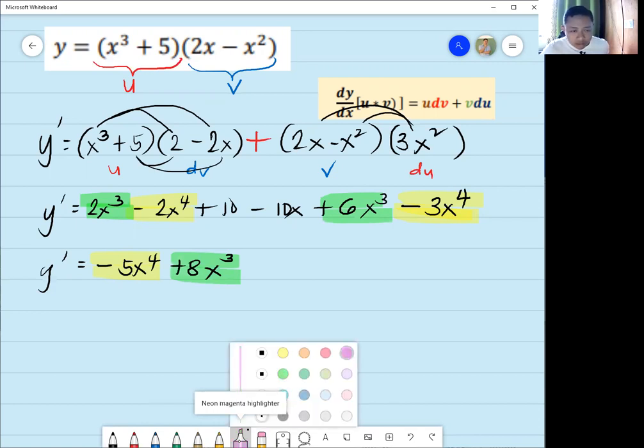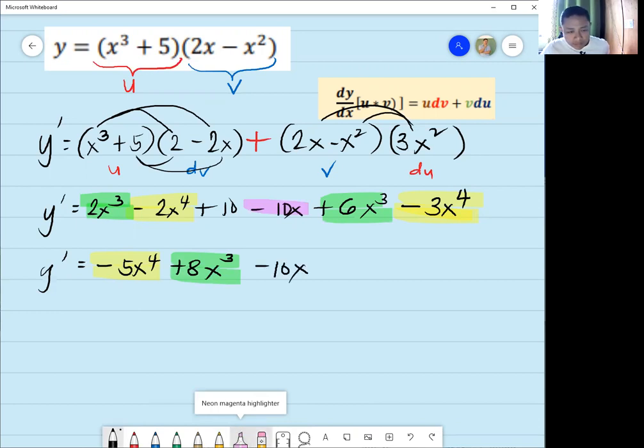Ito na lang. Negative 10x. That's negative 10x. Okay. And then, plus 10. Let me use blue. Plus 10. Ayun. Let me see if we got the same answer.